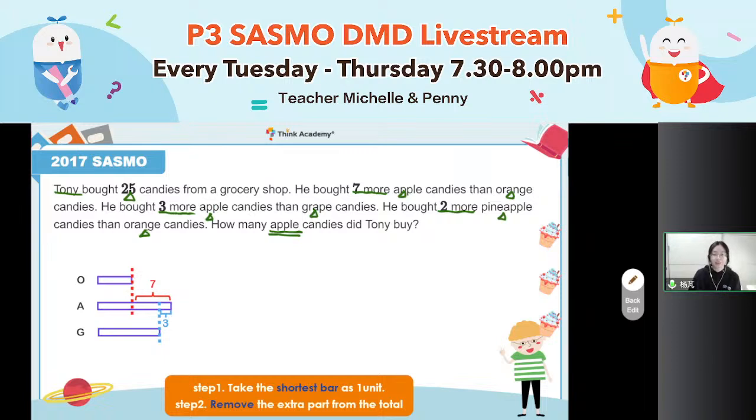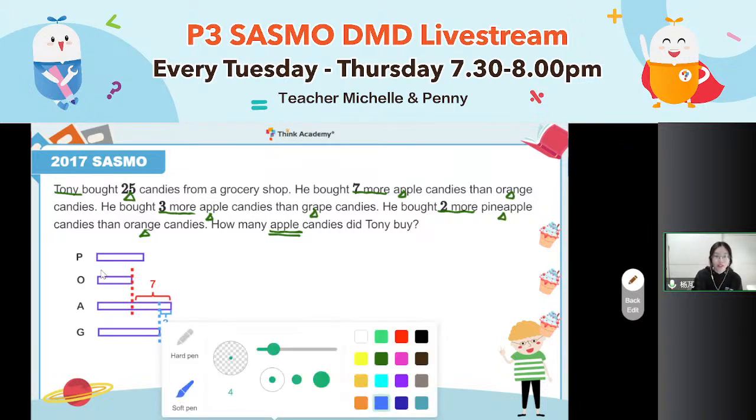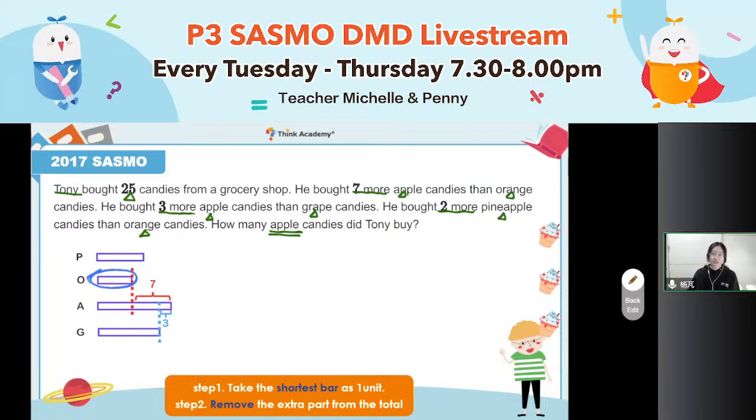And then continue. Next one, can you tell me which one is more? This time it's pineapple or orange. Which one is more? Yeah, obviously, pineapple is more. So we will draw a longer bar. Longer than who? Longer than orange, because there are 2 more pineapple candy than orange candy.